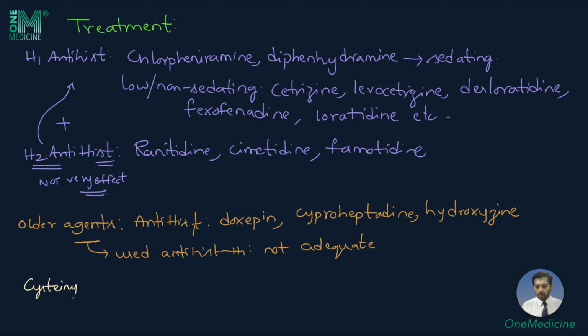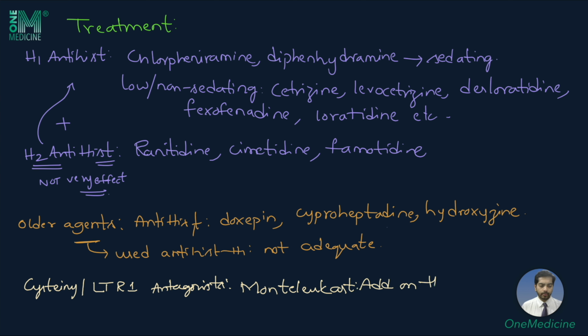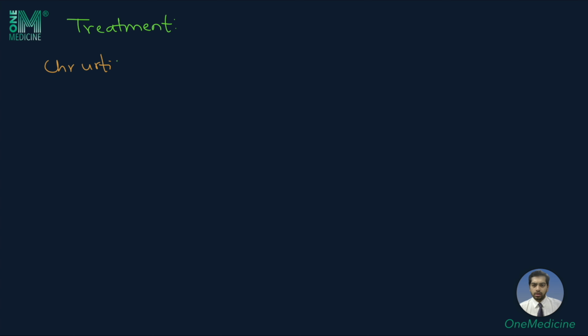Cysteinyl leukotriene receptor 1 antagonists such as montelukast can be used as an add-on therapy. The dosing options are montelukast 10 mg once daily or zafirlukast 20 milligrams twice daily.